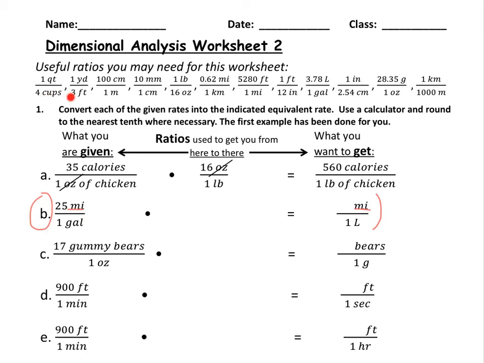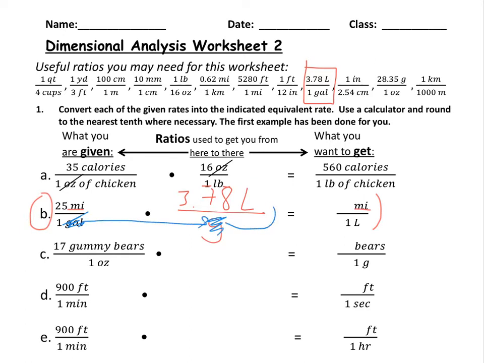So I look up at the top, and is there anything up here that can help me go from gallons to liters? Sure. But if I put in 3.78 liters per gallon, I'm not going to be able to cross out this gallon and that gallon because they're right beside each other.